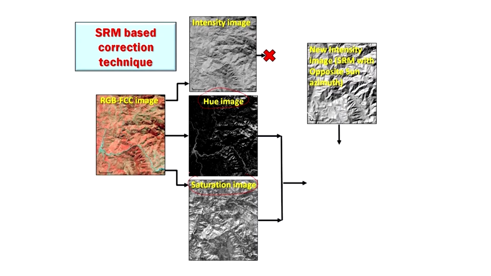and the intensity image was replaced by a simulated image which has been created using a digital elevation model, and this image is called a shadow relief model, in which, as per our requirements, we can create our own illumination source rather than depending on the natural illumination source, which is the sun.